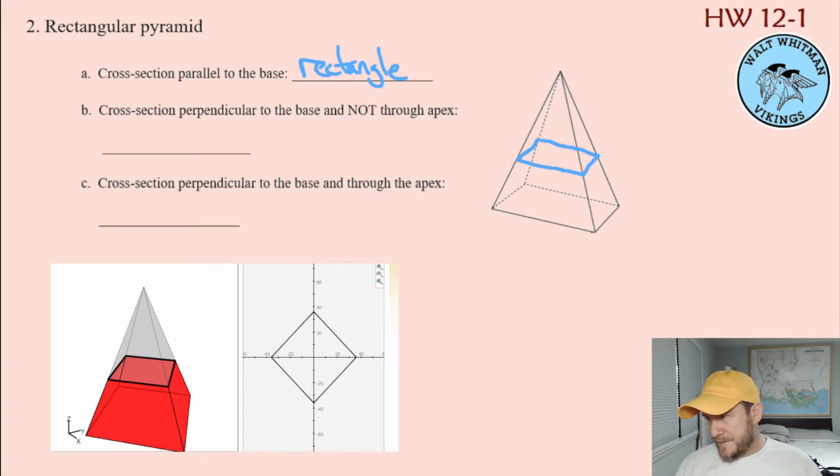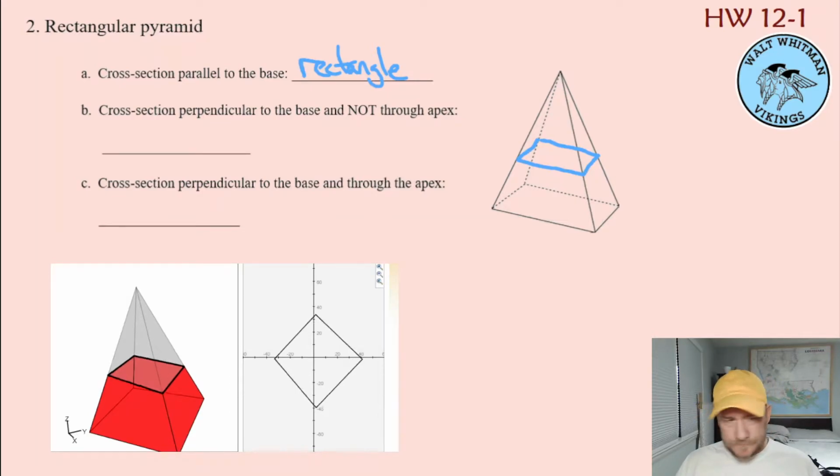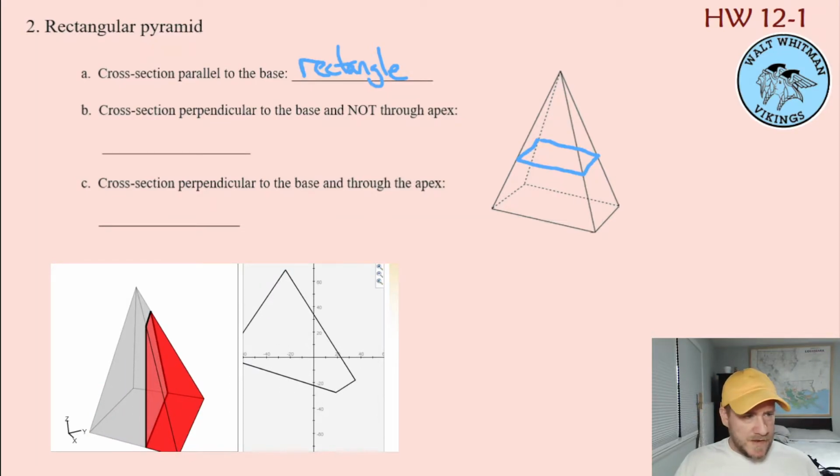Now it says, how about a cross section that's perpendicular to the base but it does not pass through the apex? Alright, so for that, I think you want to look at this thing again. So I'll tilt my intersecting plane until it's perpendicular. That's perpendicular right there, I would say.